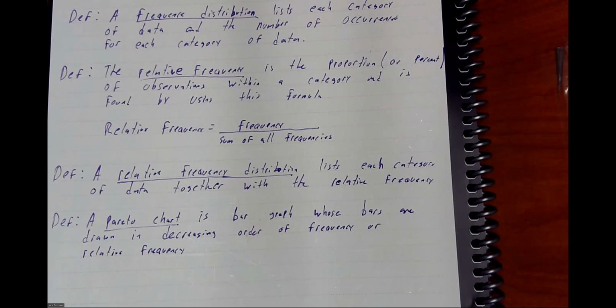Number two. The formula that we wrote down just a minute ago in your notes. What does it say to do? For relative frequency, it's the frequency divided by the sum of all frequencies. The question says, in a relative frequency distribution, what should the relative frequencies add up to?